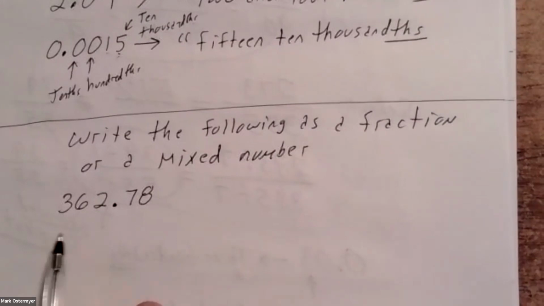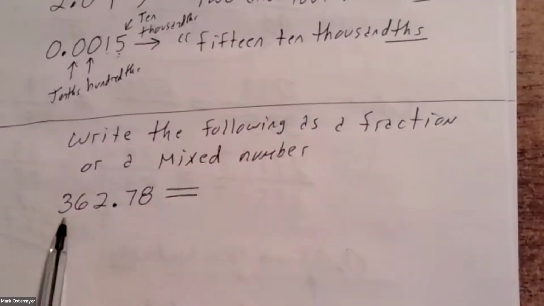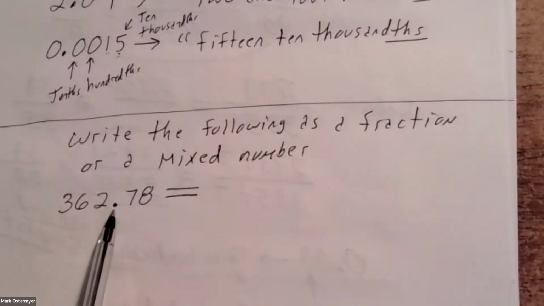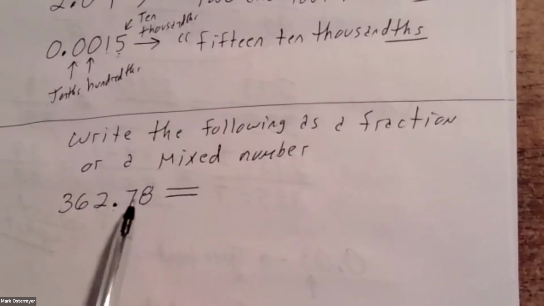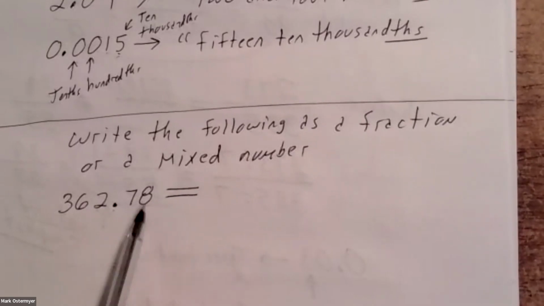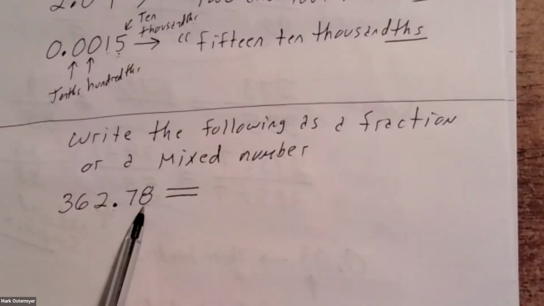So how should we properly read this number? We would say 362 and 78 what? The 7 is in the tenths place, and this is the hundredths.